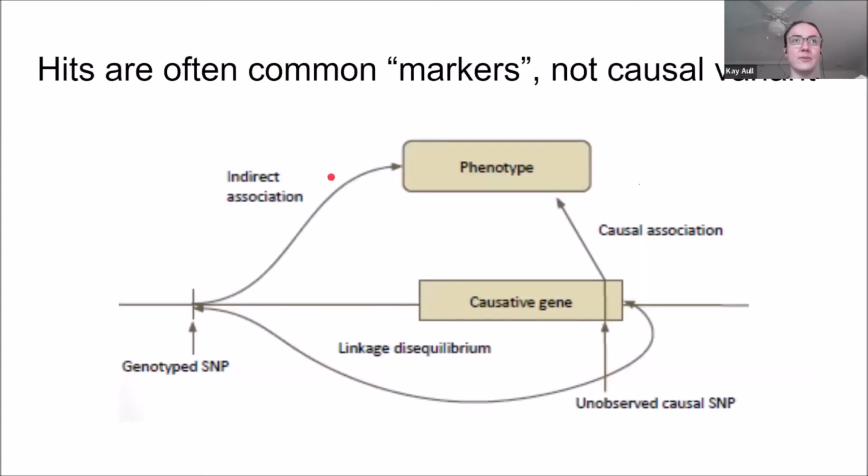And so, what are these hits? These hits are generally marker SNPs. They are not necessarily the thing that is causing it. And the way that works is it's linkage disequilibrium.